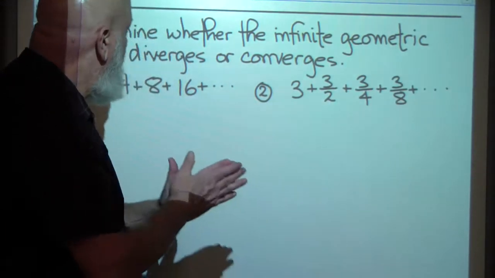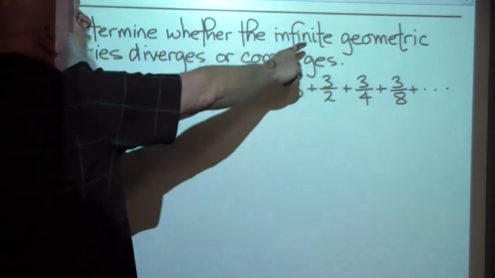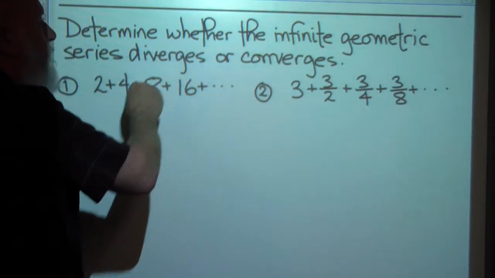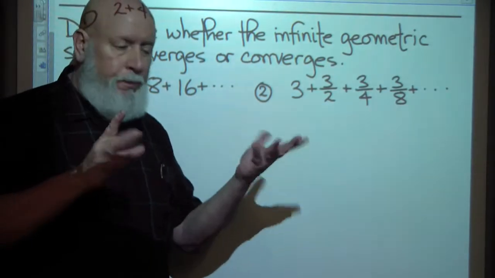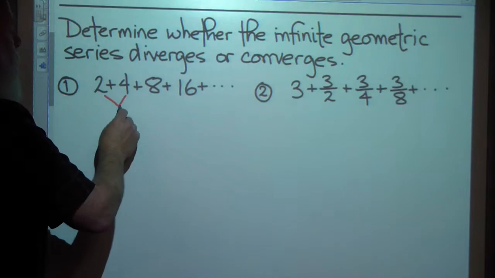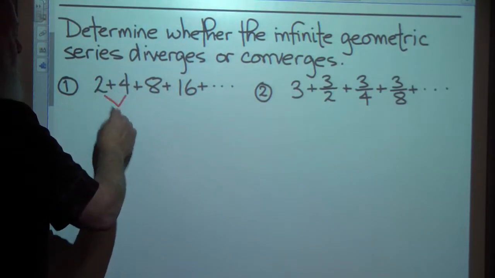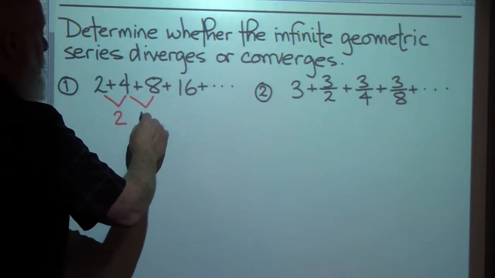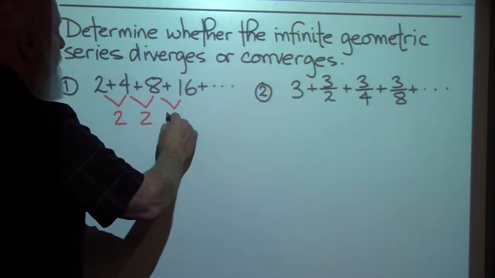So here we go. Determine whether an infinite geometric series diverges or converges. If it diverges, we cannot find the sum. Okay, so here's how you find it. Find the common ratio. 4 divided by 2 is 2. 8 divided by 4 is 2. There's our common ratio. We can see that.